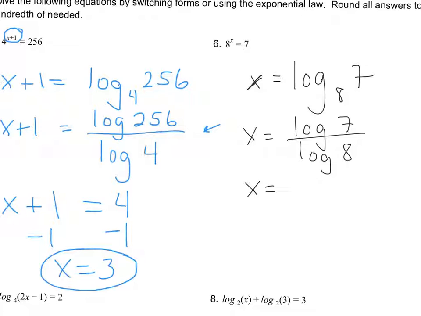If I do log of 7 divided by log of 8, I get some random decimal. We round to the nearest hundredth, which is 2 decimal places. So that'd be 0.94. And make sure when you're going through this review, you're actually putting these in the calculator, making sure you're getting the same numbers as me, because that's one of the things that can mess you up on the test.